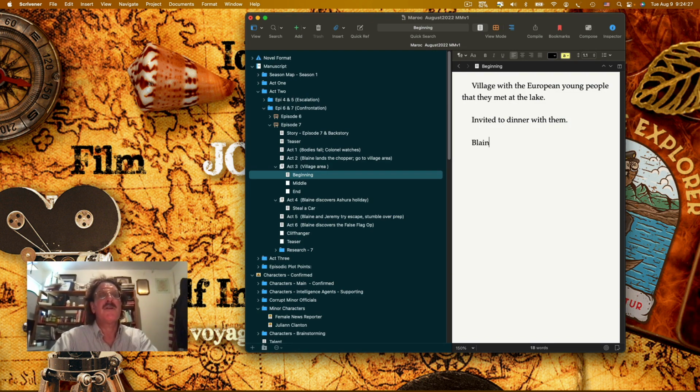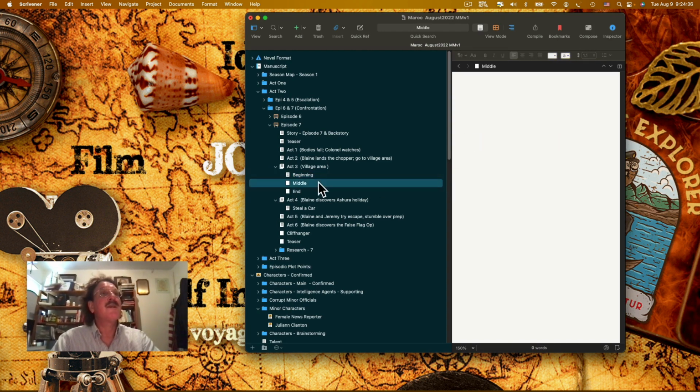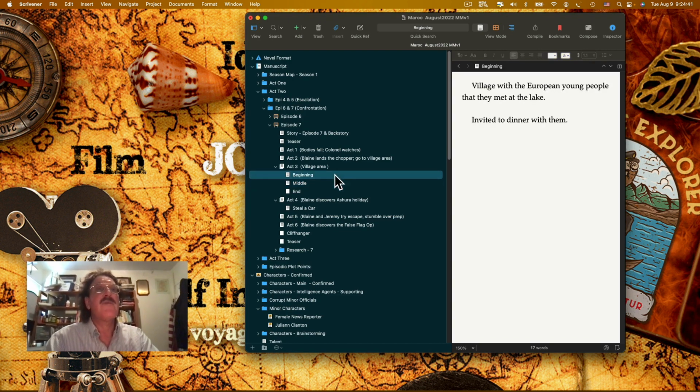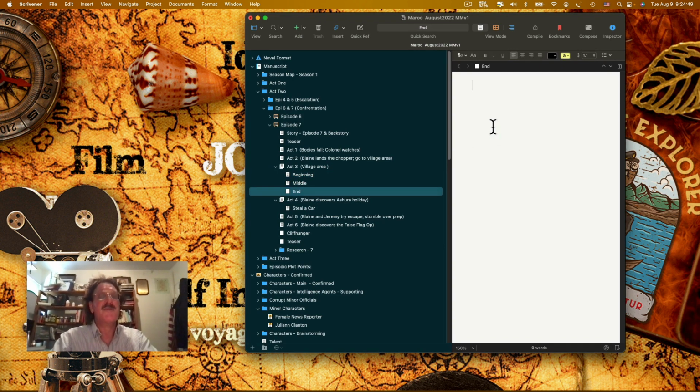Blaine and Jeremy are the 2 characters. They check out, actually, I think once they get there, that's the middle part. That's not really the beginning, so I could move that back to the beginning here. Invited to dinner.